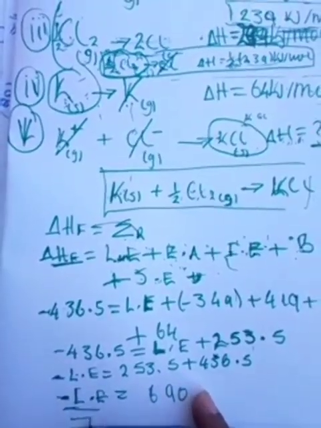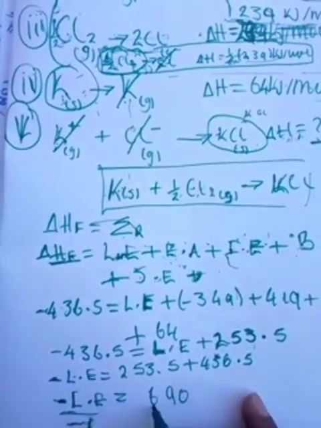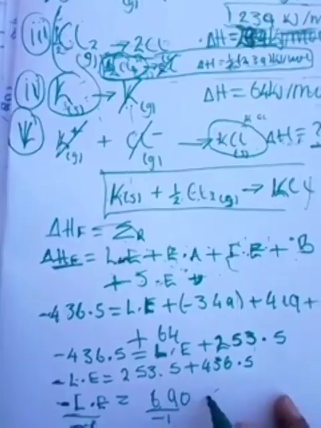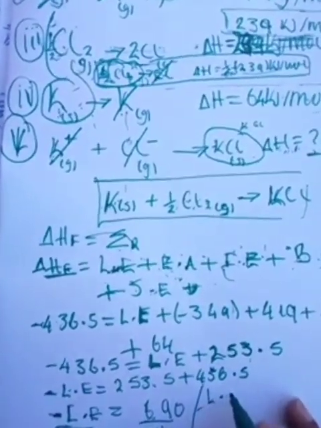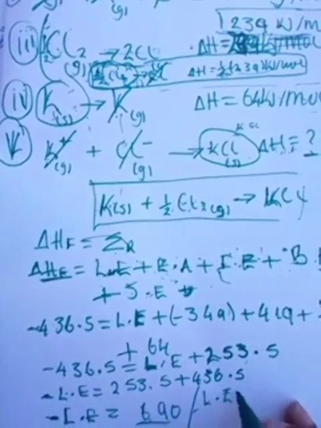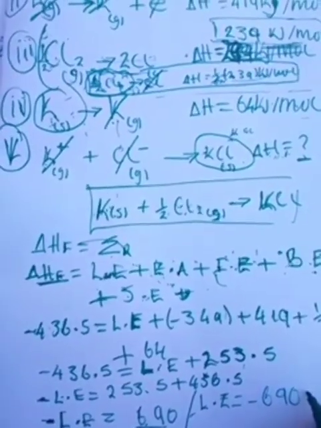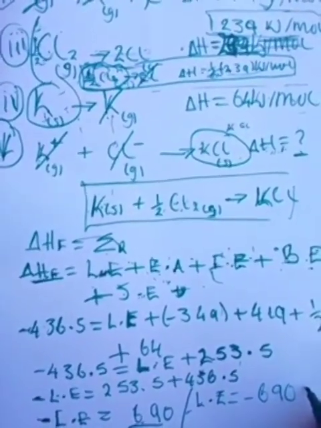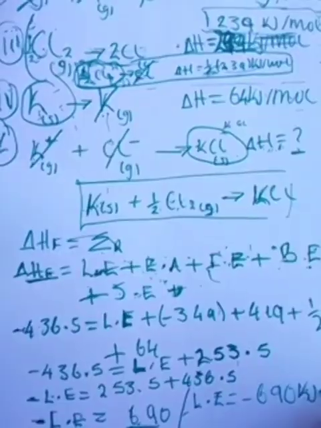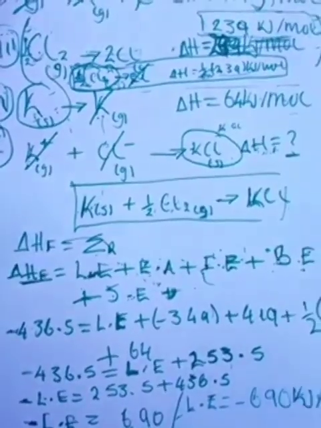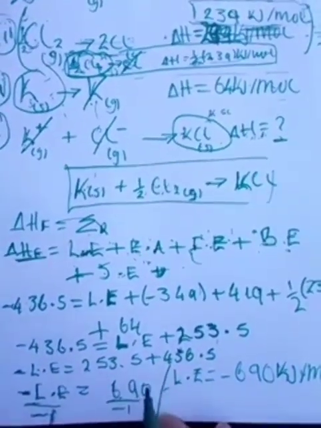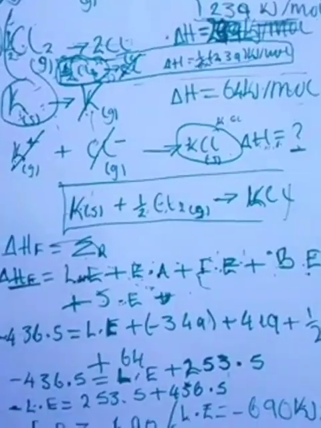So now divide through by negative. So the final answer for lattice energy is now going to be negative 690. In this case, it is kilojoules per mole. So have you seen the difference? Have you seen the difference?